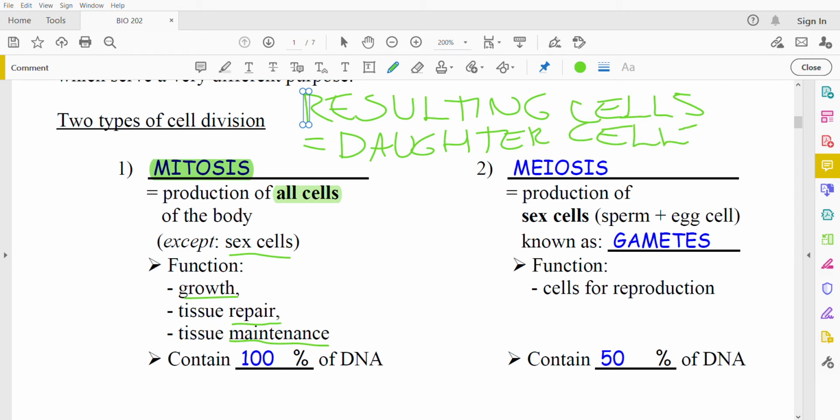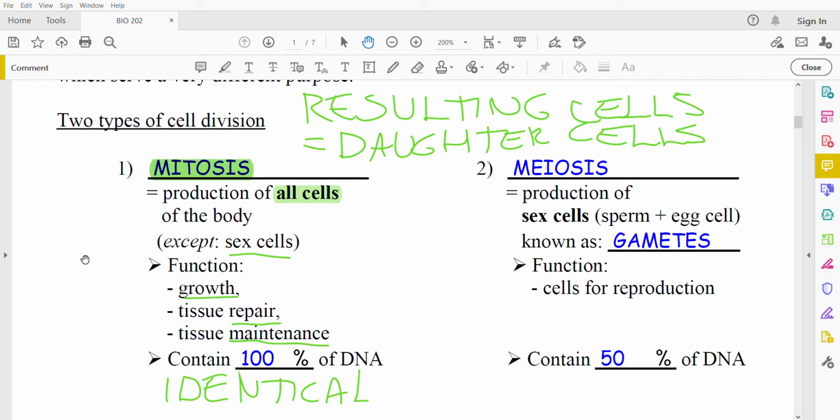The daughter cells of the mitotic cell division process are always going to be identical. They're going to be identical to their parent cells, but also identical to each other.